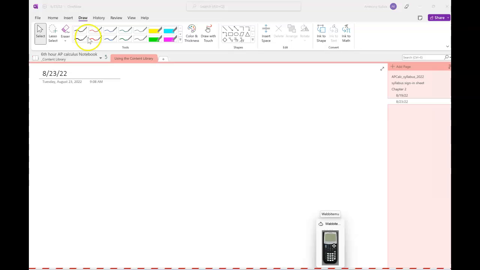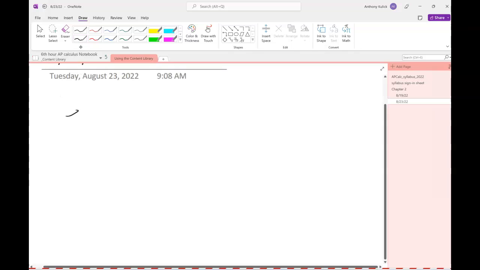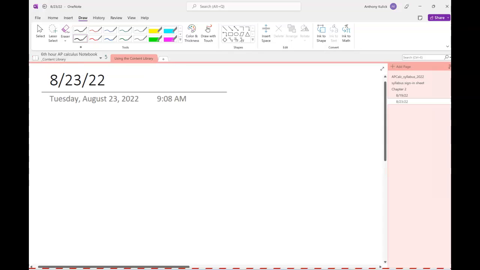So basically, here's my function, 40t minus 16t squared.